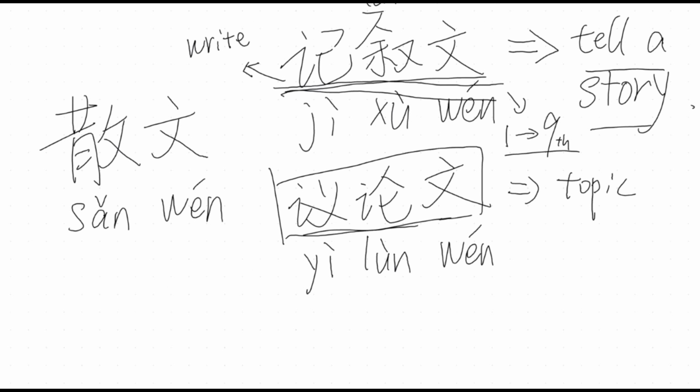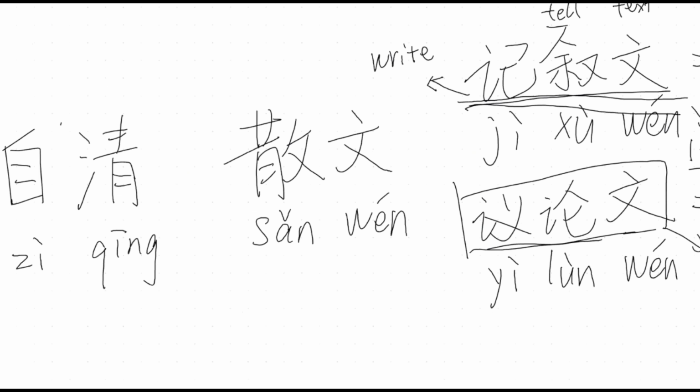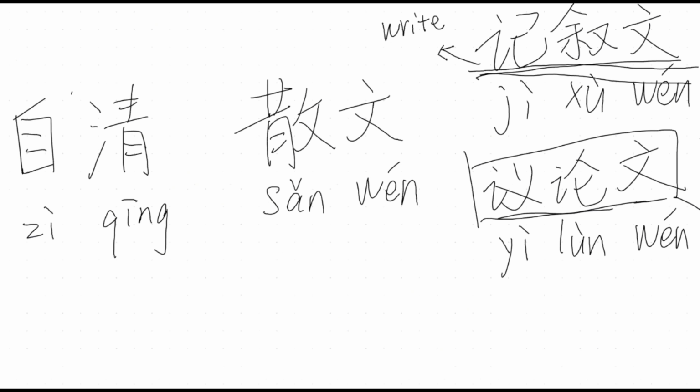This writing is what we write in the college entrance exam. We will write this type of writing, 议论文. Okay, so what about 散文? 散文 is a bit of both. 散 means separated. So in this style, you can just consider it as I write here and there.